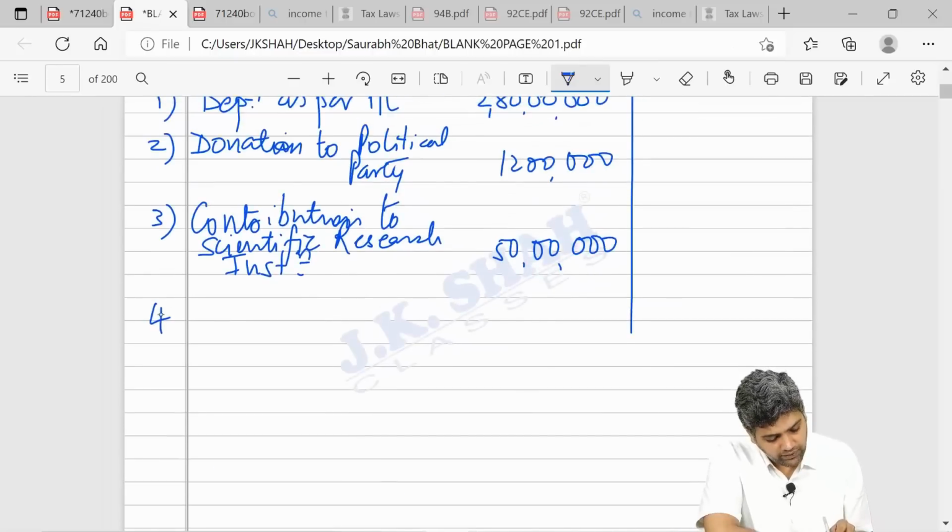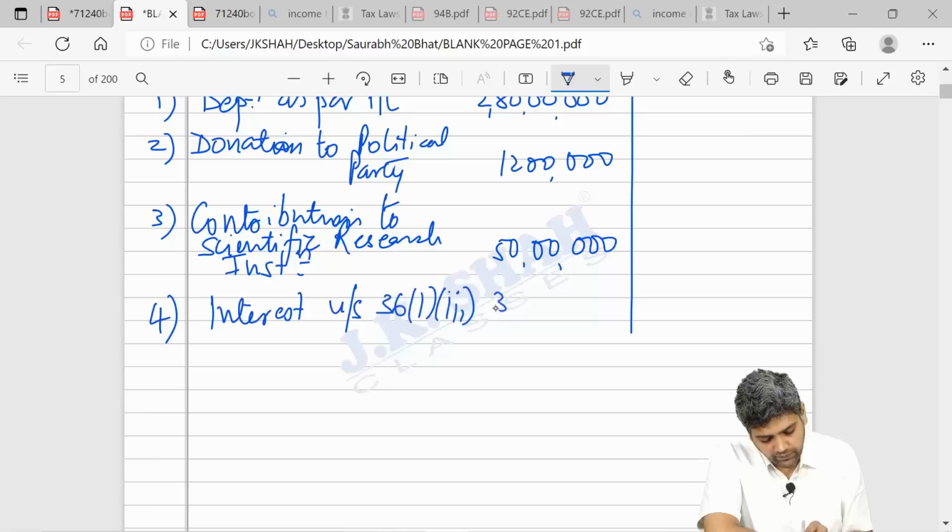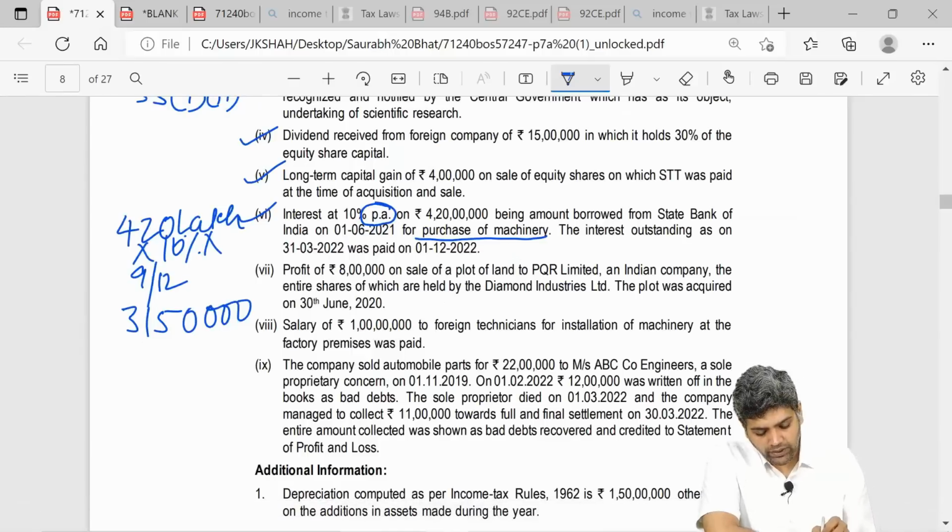Over here I will say interest under section 36(1)(iii), 31,50,000. But then they have also told me that this particular interest which is outstanding on 31st of March has been paid after end of the year but not before due date of furnishing return.